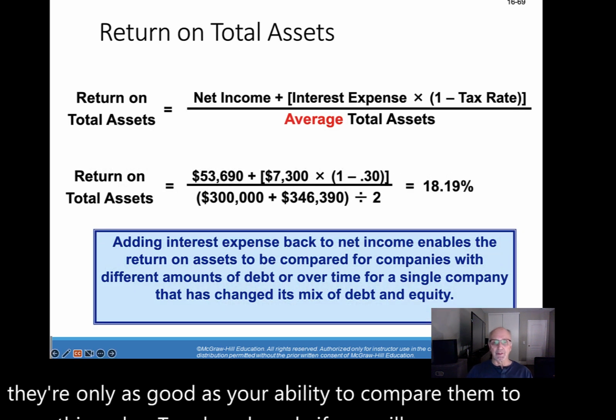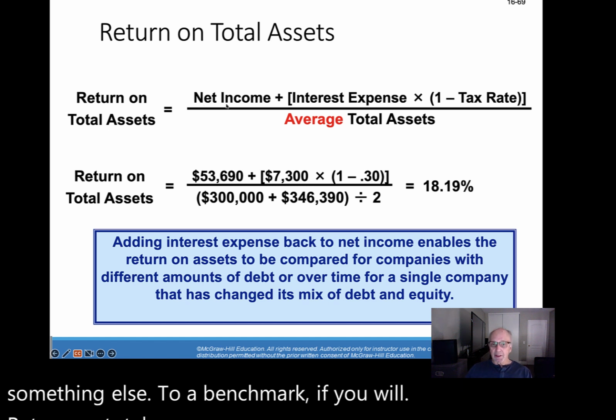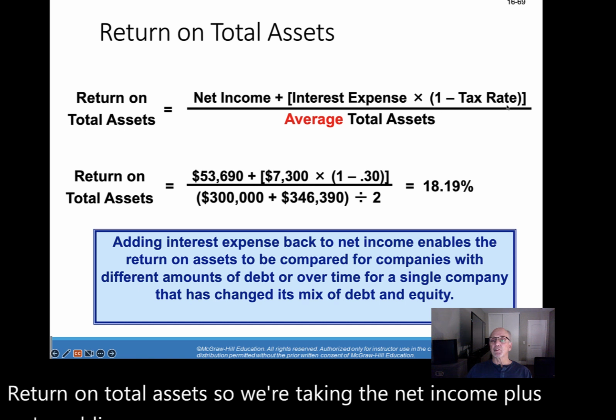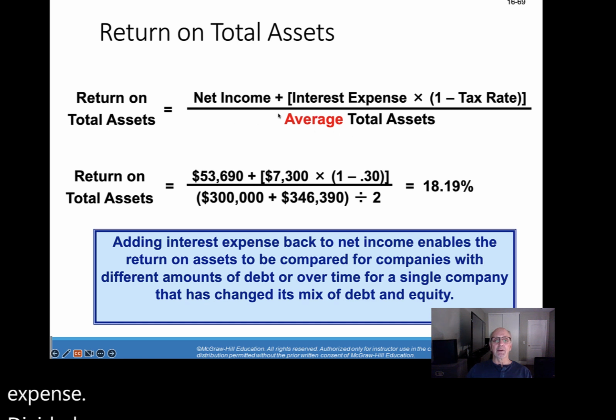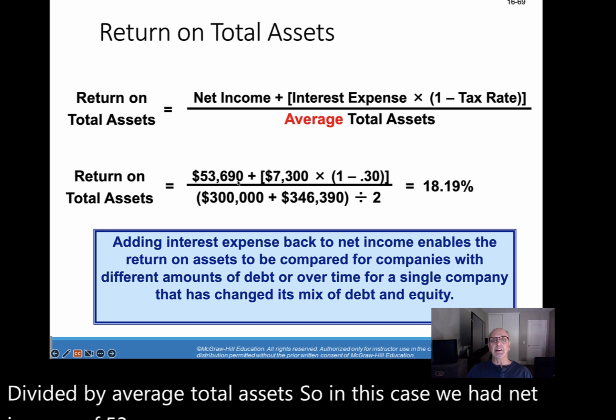Return on total assets. So we're taking the net income, plus we're adding back the interest expense, the tax on interest expense, divided by average total assets. So in this case, we had net income of 53,690. We had interest expense of 7,300.